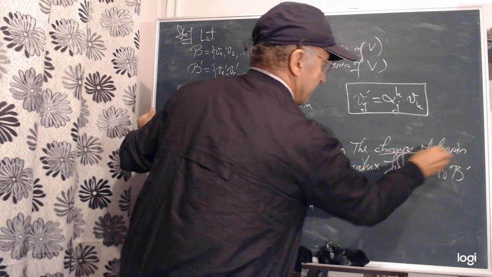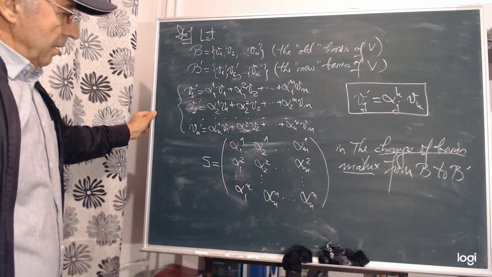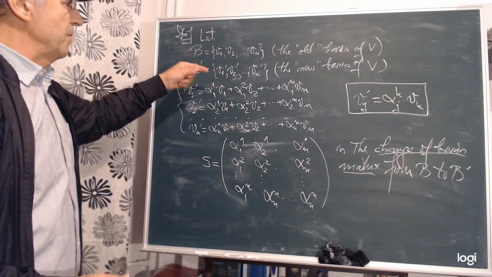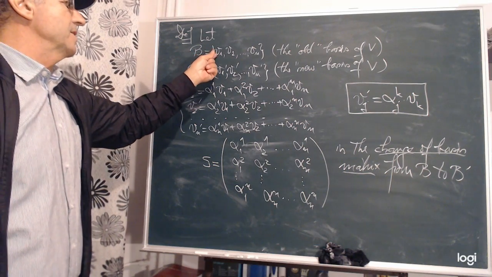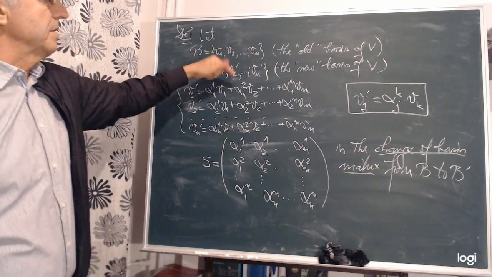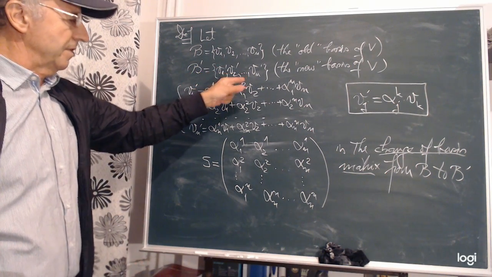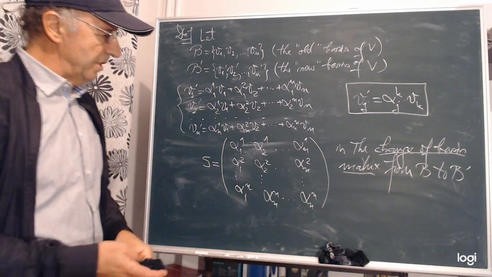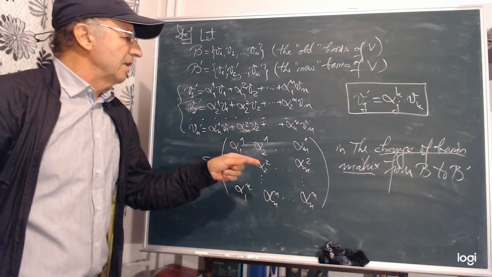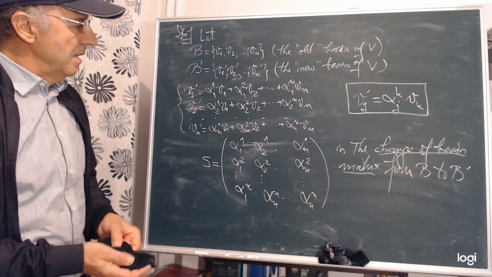Change of basis matrix. In a very similar way, we can express the vectors of the old basis in terms of the vectors of the new basis, and we get another matrix. We prove that it is exactly the inverse of S.